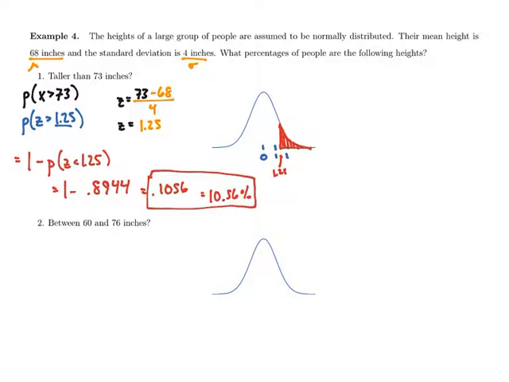All right, next let's do between 60 and 76 inches. So let's find our z-scores first. We have 60 minus 68 divided by 4, which is going to give us a z-score of -2.